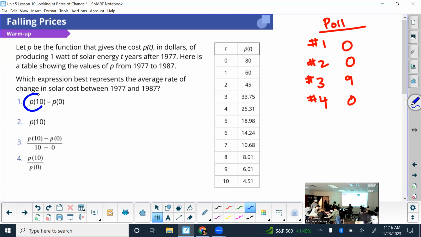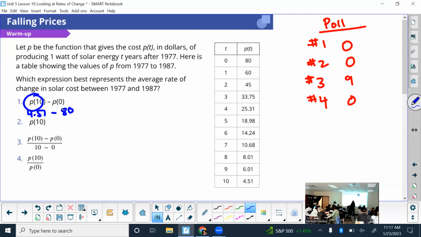This little chunk of information right here says that when I plug in 10, that output is P of 10. So it would be 4.51 minus whatever P of 0 is, which is what, 80?